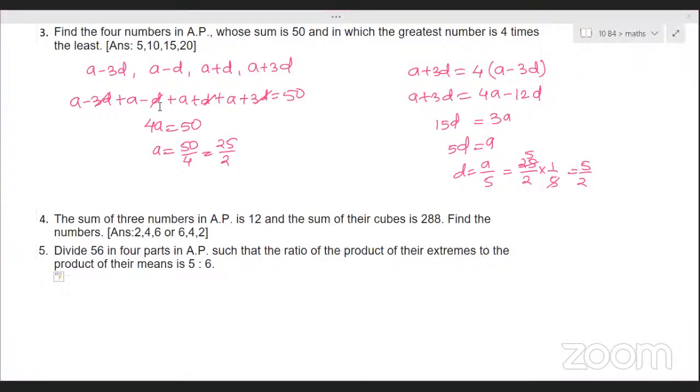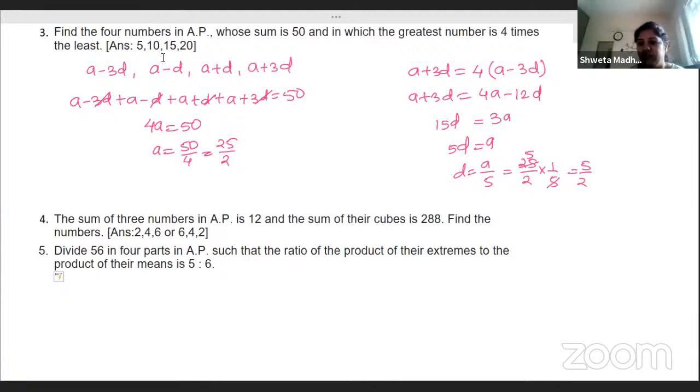Divide 56 in 4 parts. What is the meaning of this? It means the sum of every part is 56. If this is 56 centimeter and you want to divide it into 4 parts, they are not necessarily equal.